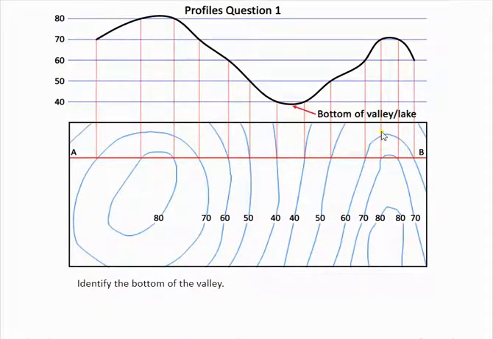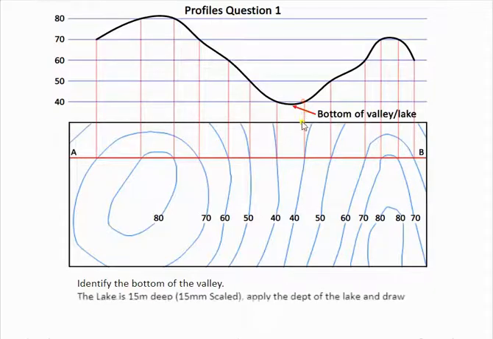Then in this question, you're told that the bottom section of the valley is the bottom of a lake, and that the depth of the lake is 15 meters. So what you want to show on the map is how high up the lake comes on the surrounding landscape. From the very bottom, measure up 15 mils and then draw a line across here. That shows the depth of the lake.